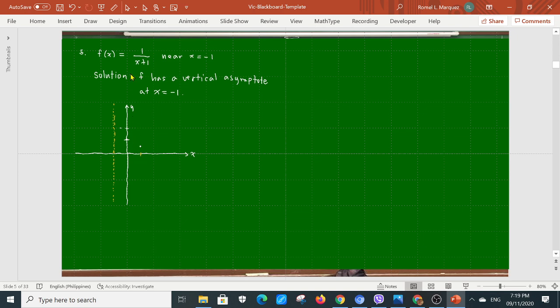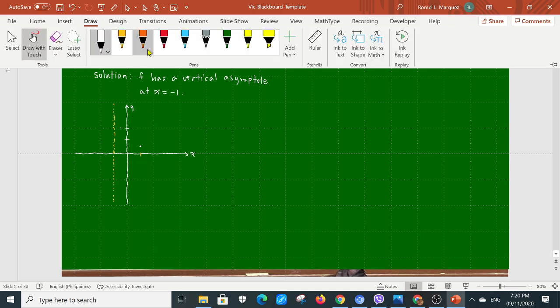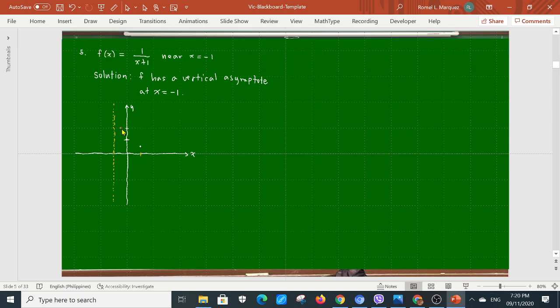So this is now the graph. Let's emphasize those points that we had. Actually, it is also asymptotic to the x-axis, I think.